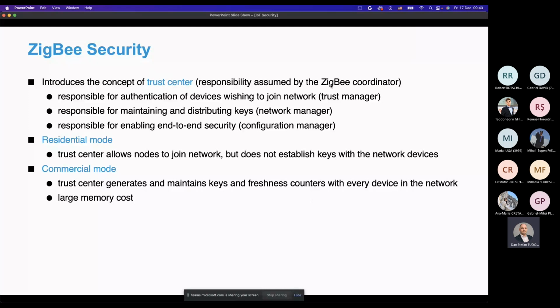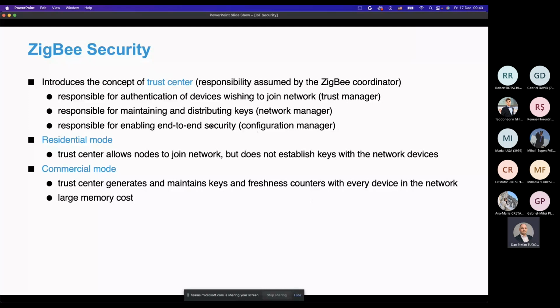The trust center is responsible for authentication of devices that wish to join the network. You have something like a trust manager that actually does this. The trust center is responsible for maintaining and distributing the keys. So you have the network manager to do this, and enabling end-to-end security between devices. And then you have the configuration manager that handles this.